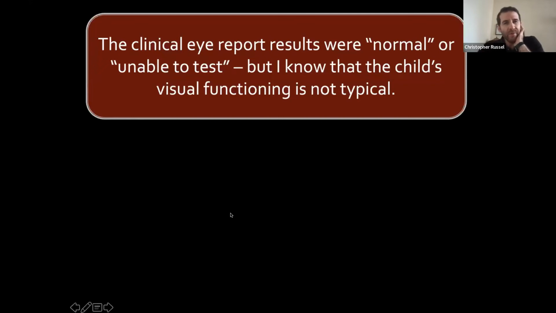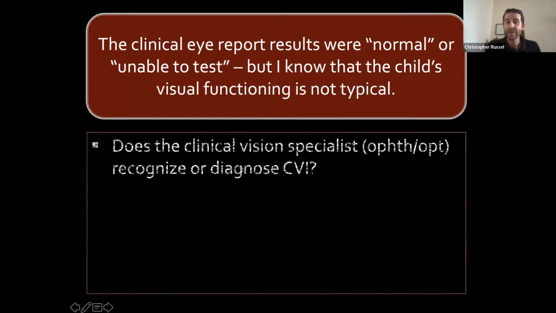So what do you do if you get this question, right? If the eye results are normal, well, that makes sense because the actual structures of the eyes are normal. It's not in the eyes, it's in the brain. The first thing that I would say is do not assume that clinical vision specialists such as ophthalmologists or optometrists will recognize and diagnose CVI. Some do, some don't.